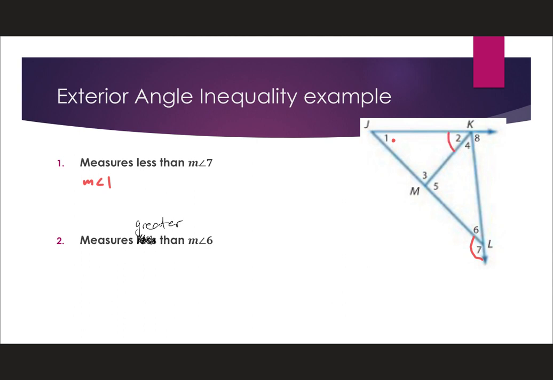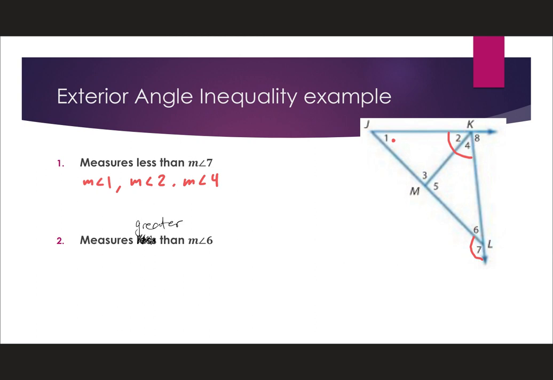And then these two are the other remote interior angle. Added together, they are the other remote interior angle, which means that the measure of angle 7 is greater than both of those. So, added to our list, we have the measure of angle 2 and the measure of angle 4.